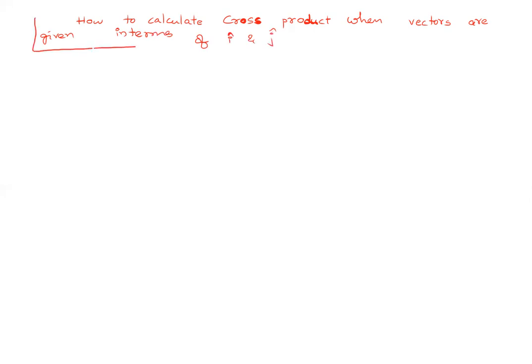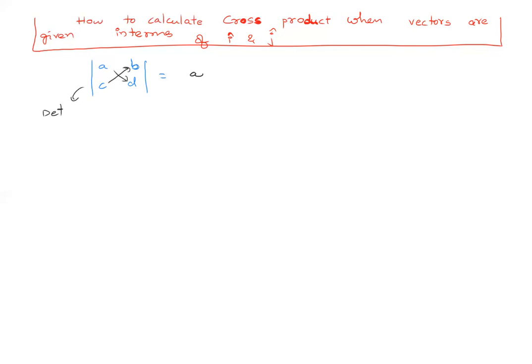When vectors are given in terms of i cap and j cap, before that you must understand one thing. If you have det of AB, if you have studied matrices in 10th class, it is read as det, that means determinant. If you cross multiply, the det of this is AD minus BC.